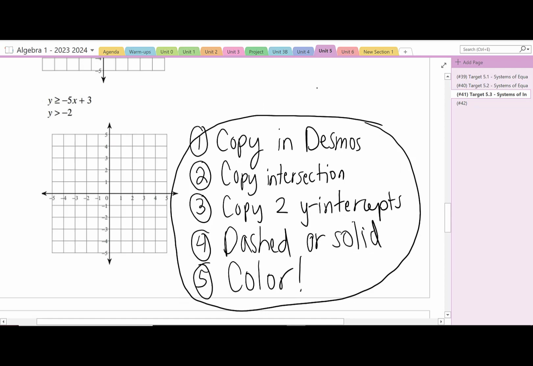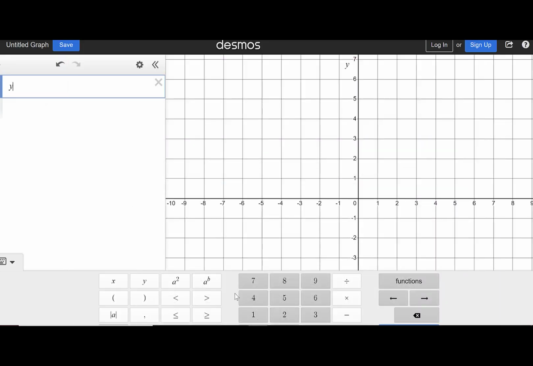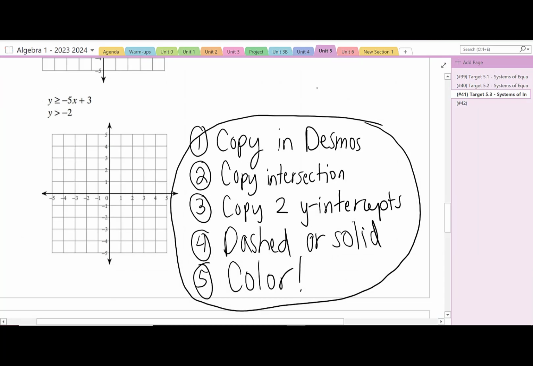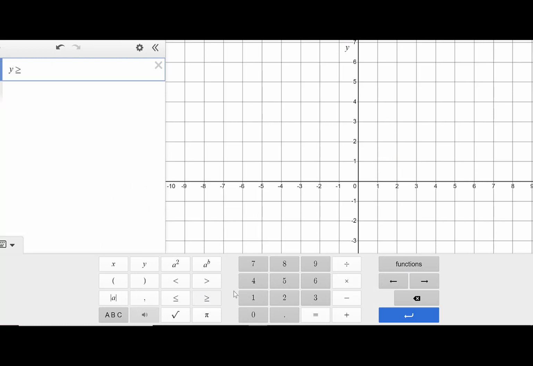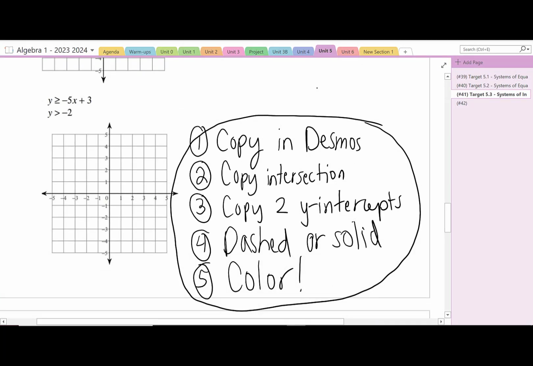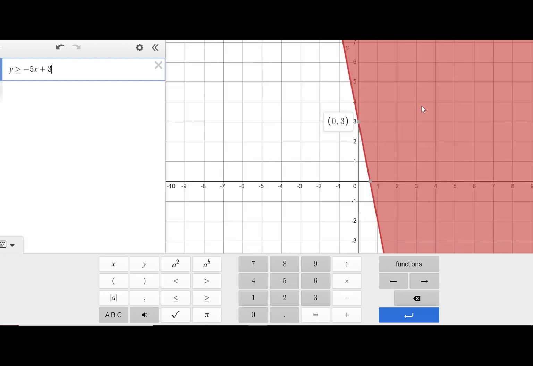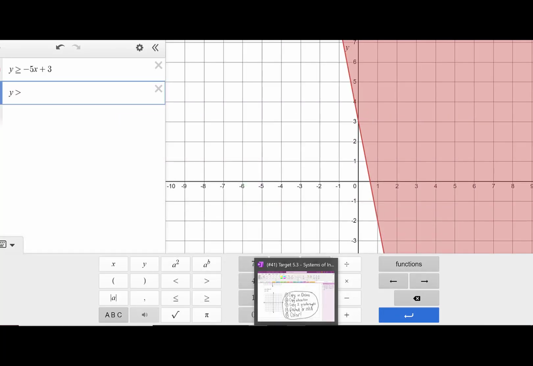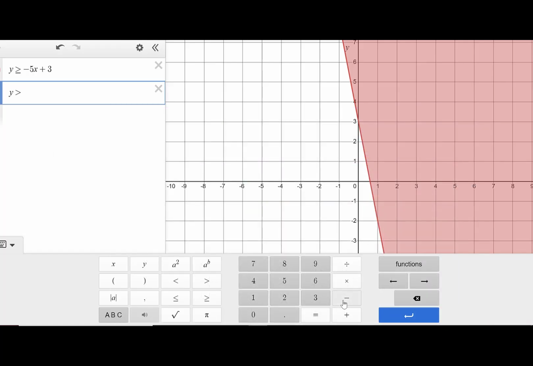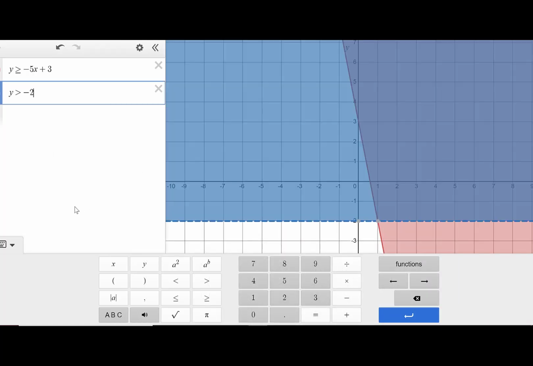So I have y greater than or equal to negative 5x plus 3. And there's my first graph. Next, y is greater than negative 2.